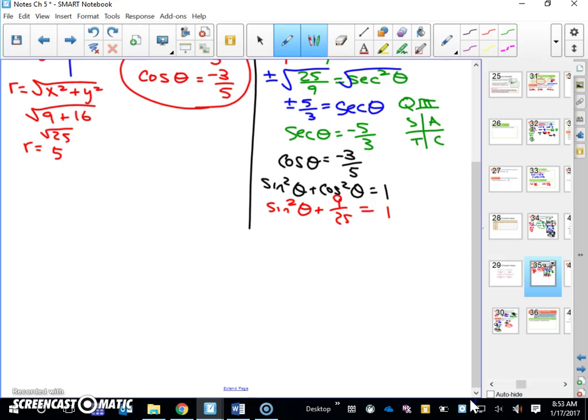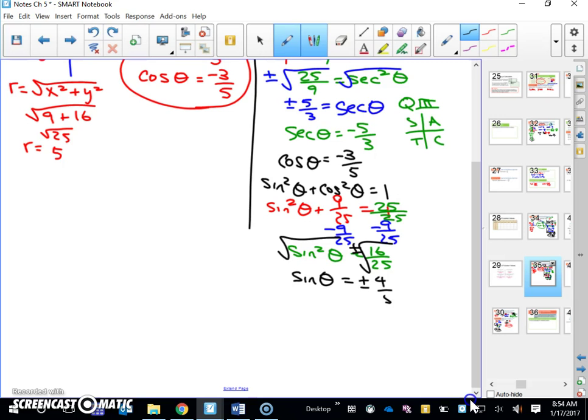And so I'm going to solve. I'm going to subtract 9/25, but in order to do so, I would need a common denominator, so let's change that to 25/25. When you subtract, you get 16/25. Sine squared theta equals 16/25. Take the square root, it's actually plus or minus. You're going to get sine theta equals plus or minus 4/5.